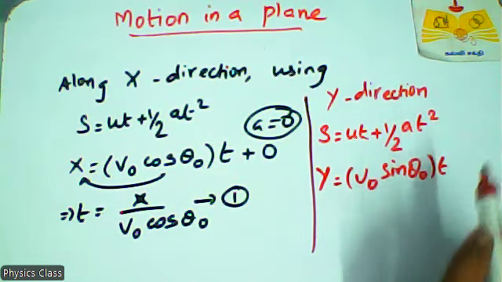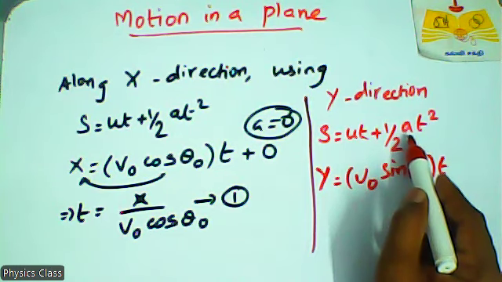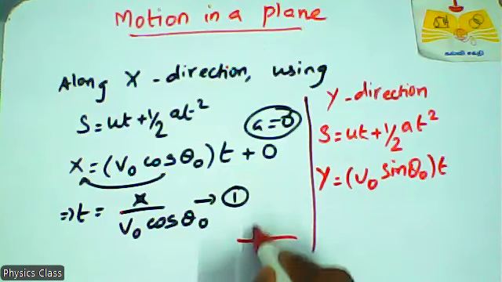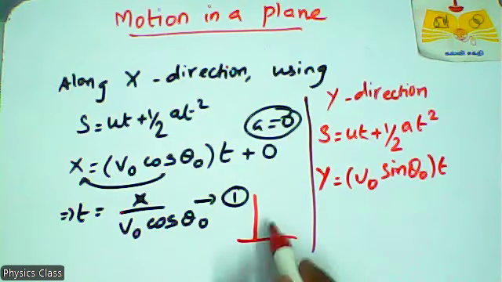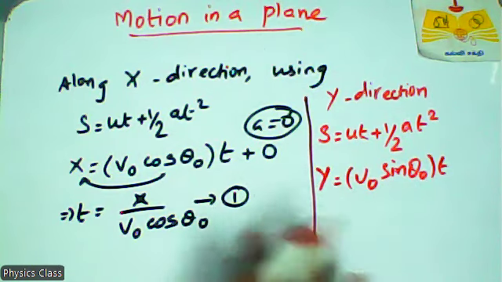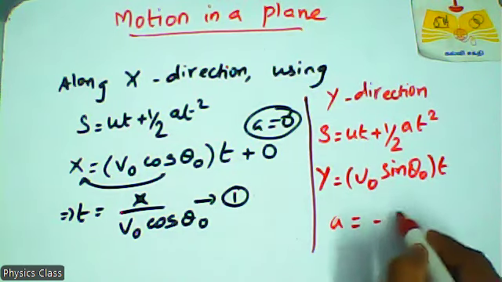So acceleration is there. It is the acceleration of the object against gravity, because gravity acts downwards but the object goes upwards along the vertical direction. So a is replaced by minus g.